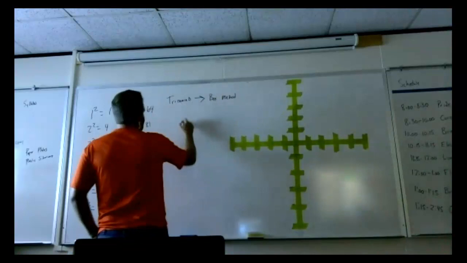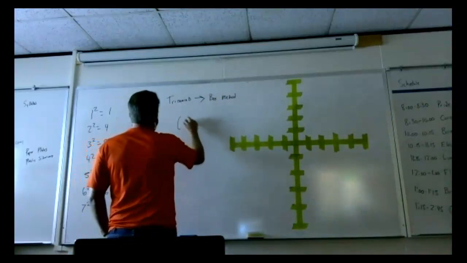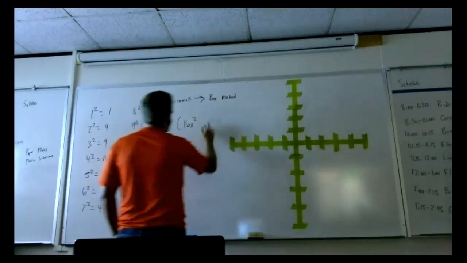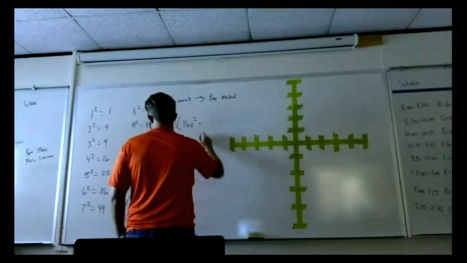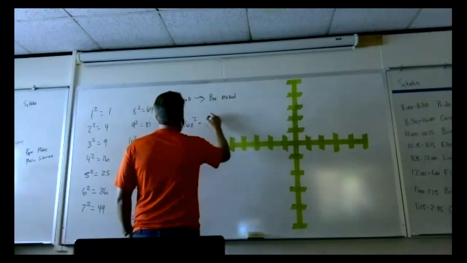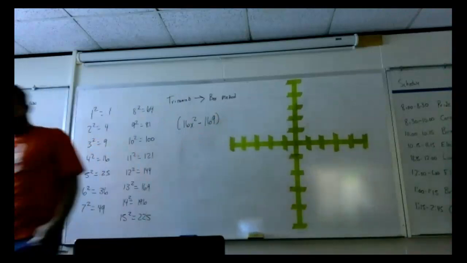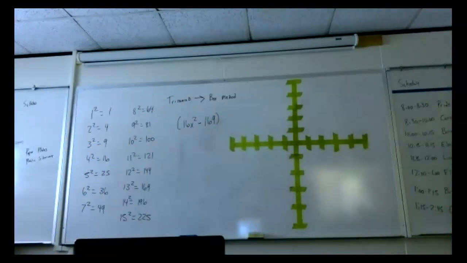So for example, let's say they want us to factor 16x squared minus 169, and the book says factor. The first thing we want to check is, are both of our coefficients perfect squares?